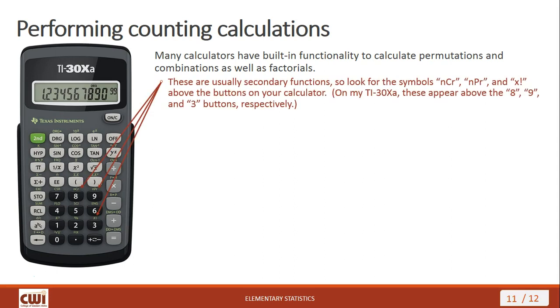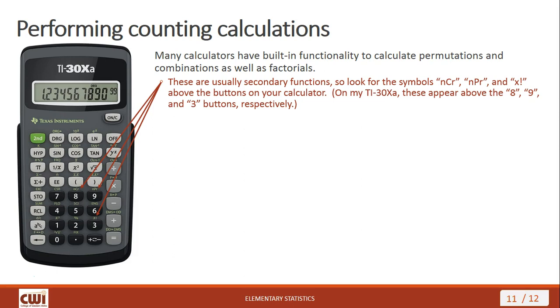Many calculators will have symbols above the buttons, and these symbols represent alternative functions that you can employ in the calculator. So you want to look at these spaces in your calculator for the symbols nCr, nPr, and x exclamation point. These are the symbols for combinations, permutations, and factorials.